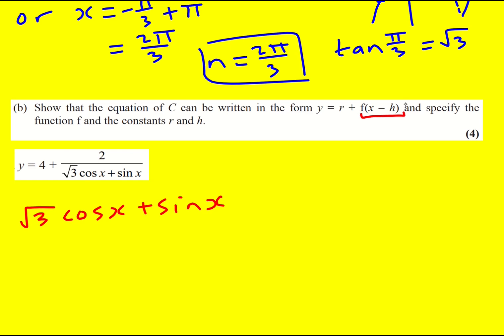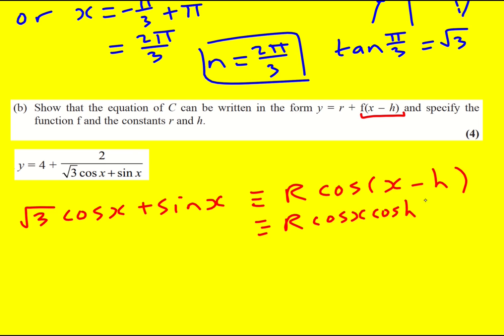Because it wants x minus h, I'm going to set it equal to r cos x minus h, which is r cos x cos h plus r sin x sin h. This is using addition formulae. I have to go with this.